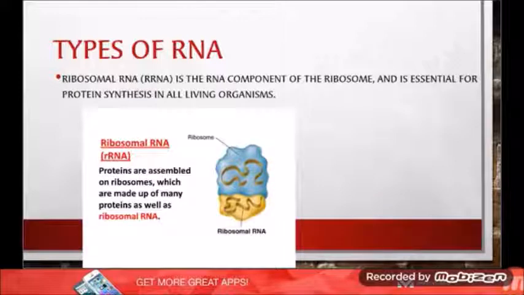Ribosomes are made up of many proteins as well as the ribosomal RNA. So the ribonucleic acids have different types: mRNA or messenger RNA, tRNA or transfer RNA, and rRNA or ribosomal RNA.